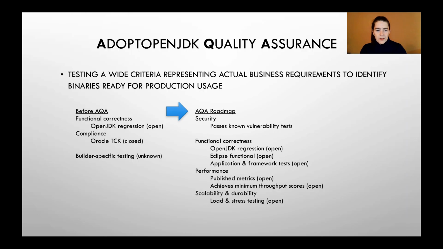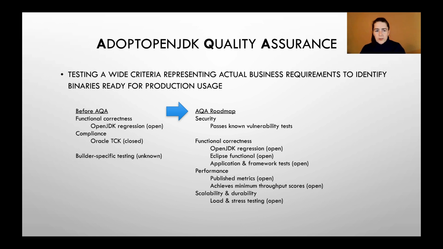All right. So, AQA, AdoptOpenJDK Quality Assurance. Essentially, we went out and talked to a lot of enterprise customers, and we looked at the Java ecosystem and we said, hey, what's happening? How are people testing this?